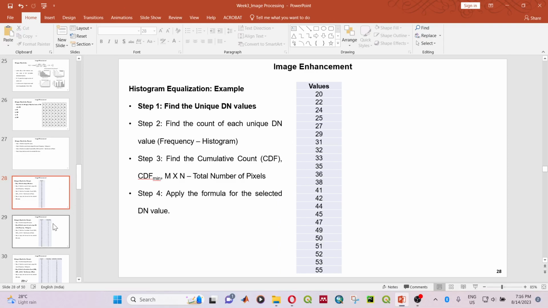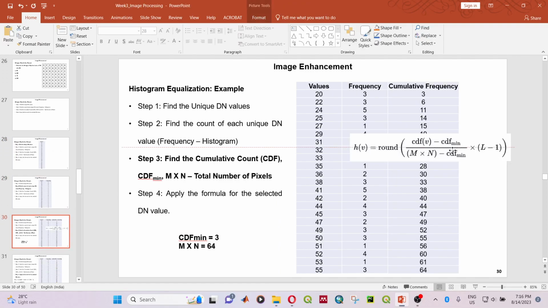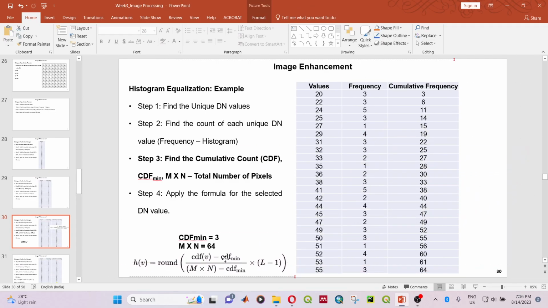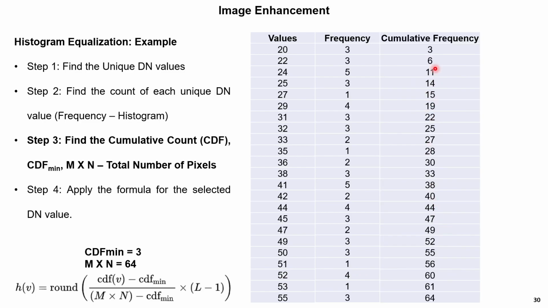I have calculated the frequency, which is nothing but how many 20s are there, how many 22s are there, and so on. Our value is 52 and we have 4 pixels. And I have found out the cumulative frequency. Now can you just apply the formula and find out the output value.